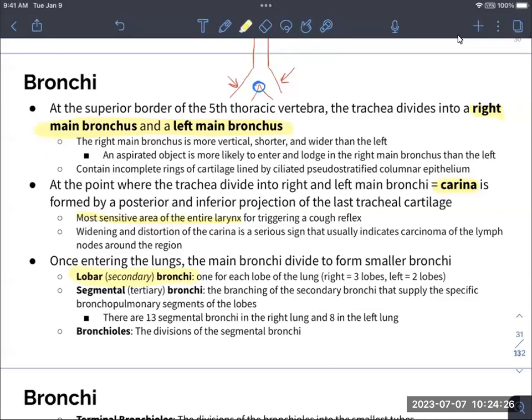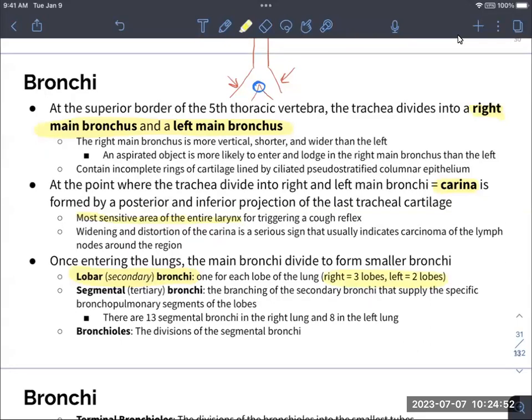Each lung has lobes. The right lung has 3 lobes, the left lung has 2 lobes. The reason for this is because of the heart. That heart sits more on the left side, so it takes up more space, so that left lung is a little bit smaller than the right.